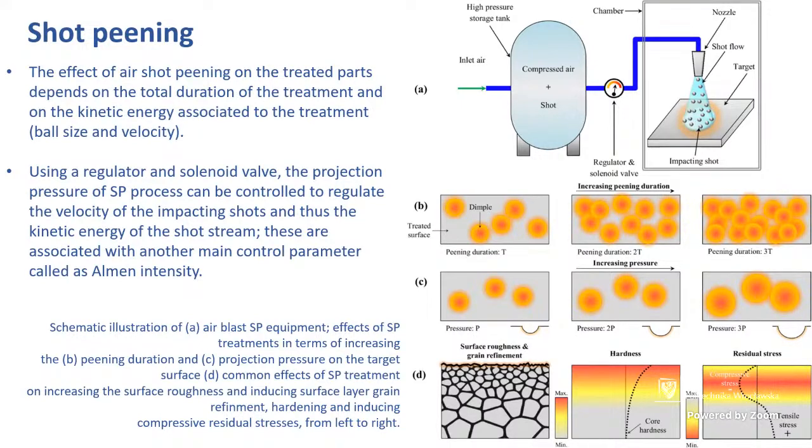And by means of a correct balance of coverage and intensity, we can change the surface roughness and get grain refinement. We can get a good micro-hardness and then the desired residual stress field.